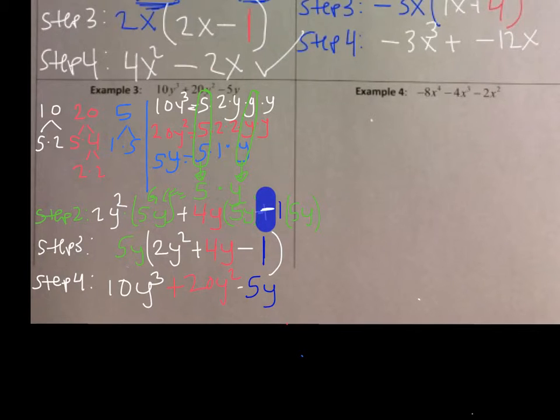And as you can see, that's the same exact thing as what we started with. So by being able to factor this 5y out as the greatest common factor, that would be correct. Alright, again, I encourage you to do example 4 and then check with my work to see if we have the same answers.